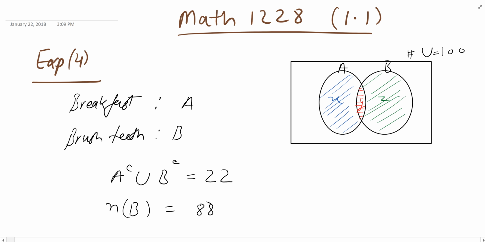That means n of B, the whole thing, y and z together. B is made of y students in red and the green zone, so this implies that y plus z equals 88, right?